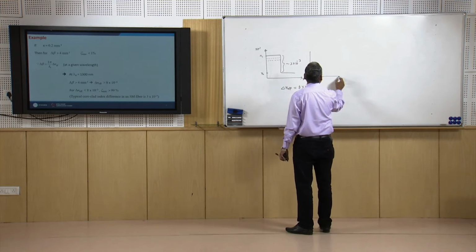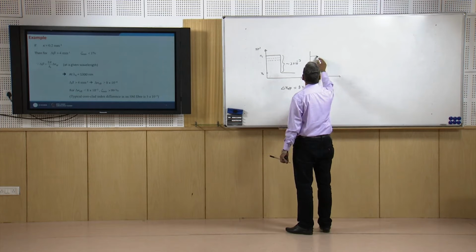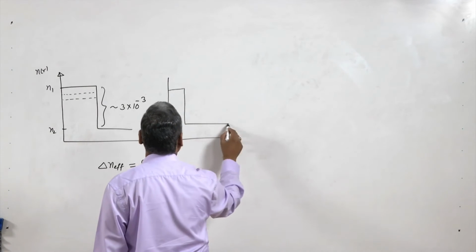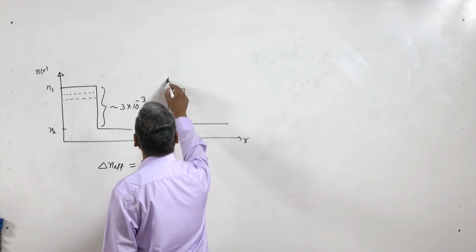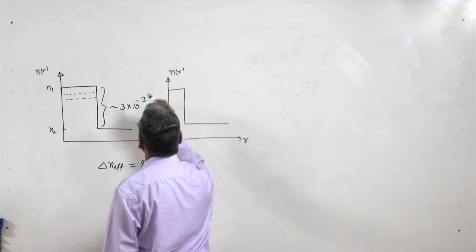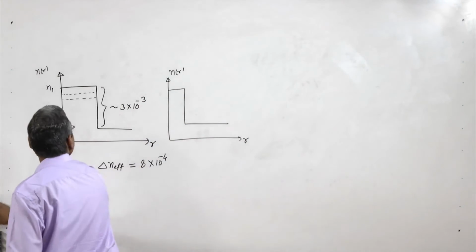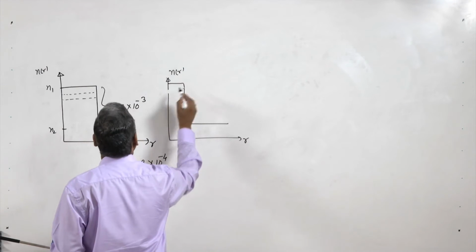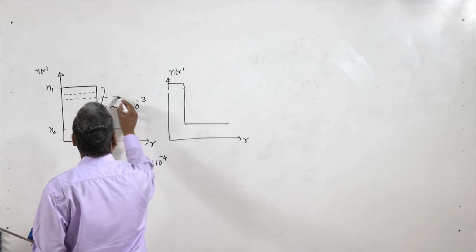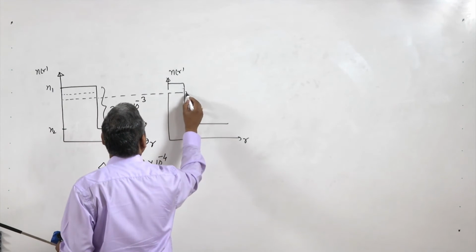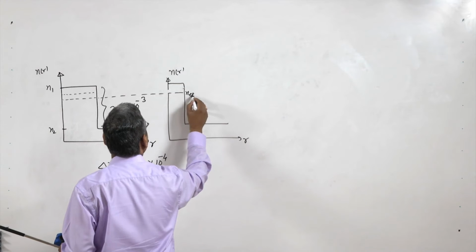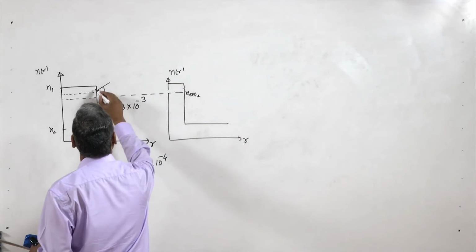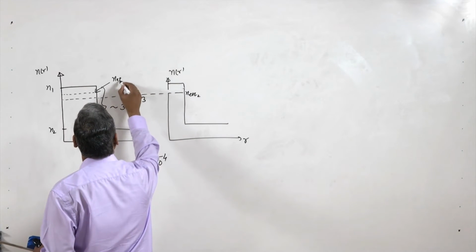So, if you compare it, let us say there is another fiber like this. These are two non-identical fibers. So, this is n effective 2 and this is n effective 1.